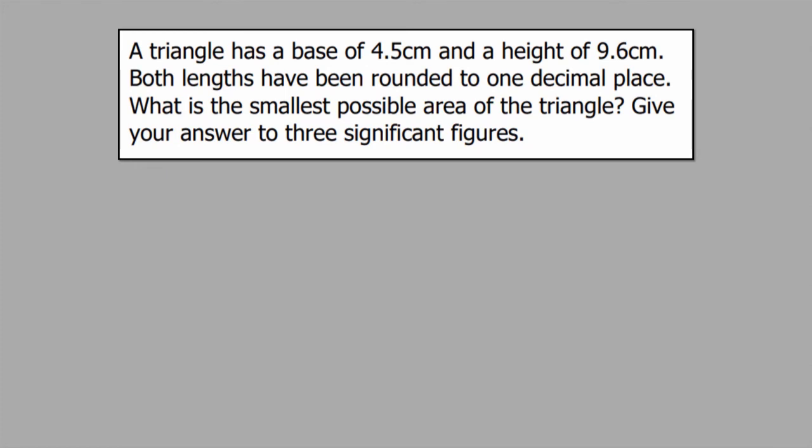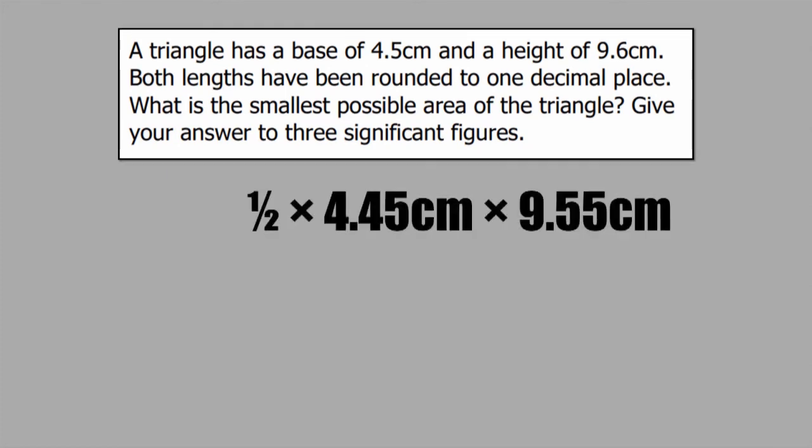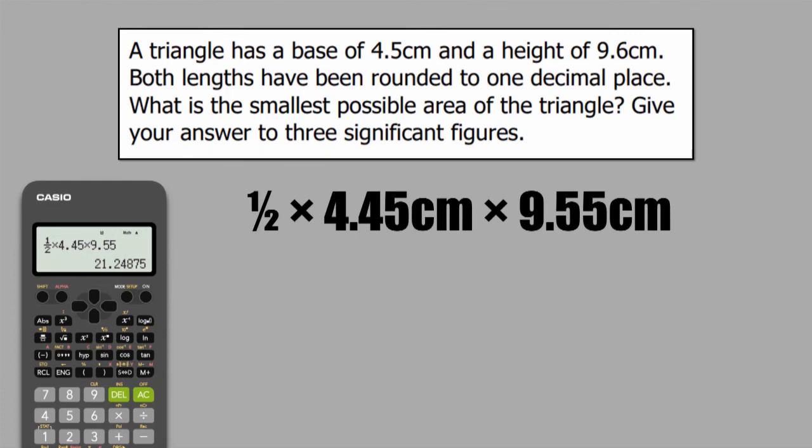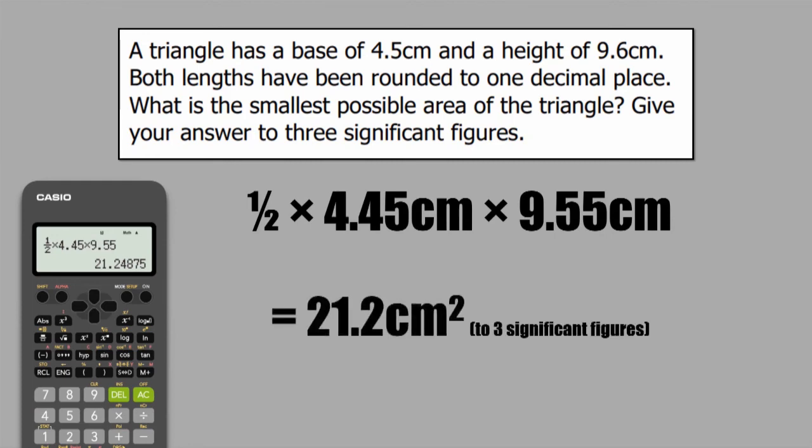We'll use the formula for the area of a triangle, a half base times height, and multiply those together. And that will give us a number with more decimal places than we need, so we'll round that to 3 significant figures, and that is the smallest possible area of the triangle.